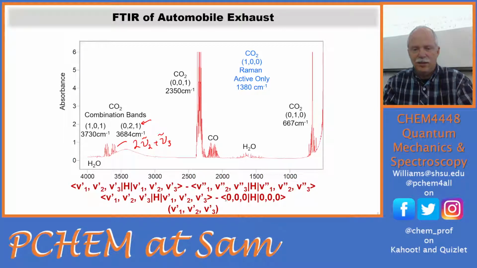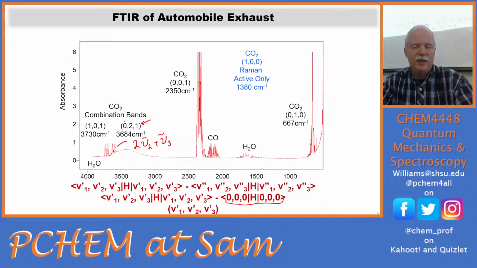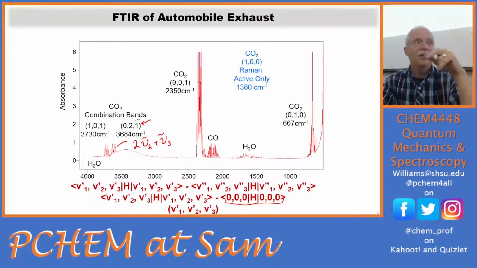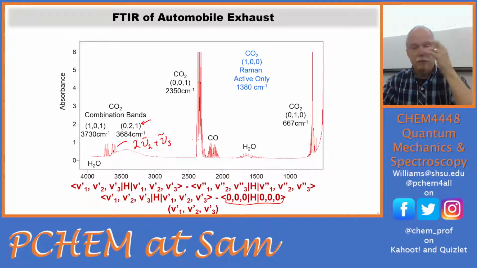The ground states are all zeros, right? We're in the ground state, so that's the energy of the ground state, and these are the excited states, which can be simplified just to parentheses showing you the 3 excited states. And so that's what's being shown here. This results in the molecule being in the 0 or the ground state for nu 1, the second vibrational level for nu 2, and the first vibrational level for nu 3.